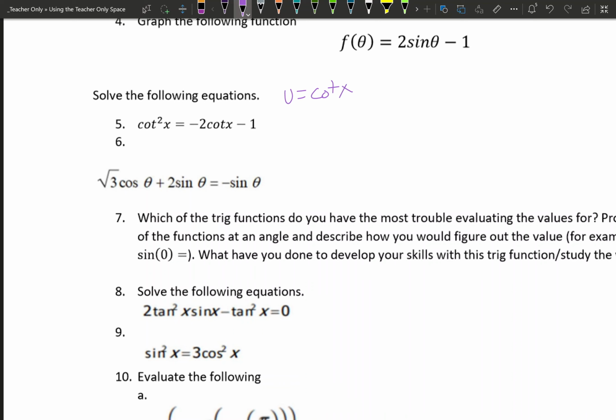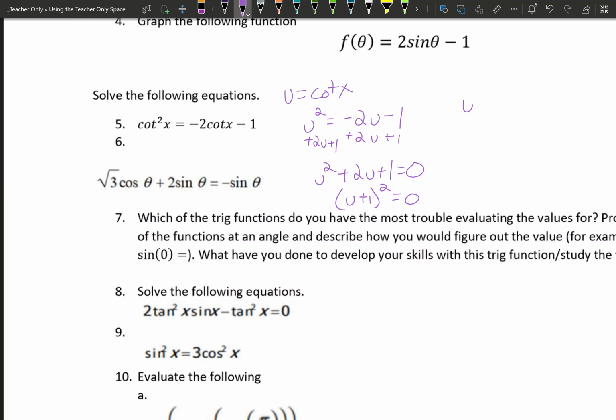So u is cotangent of x, so we've got u squared equals negative 2u minus 1. We'll add 2u and add 1 to both sides because this is quadratic, so we want it set equal to 0. We've got u squared plus 2u plus 1 is equal to 0. We go through and factor that to u plus 1, the quantity squared.